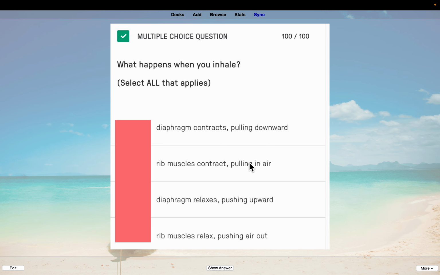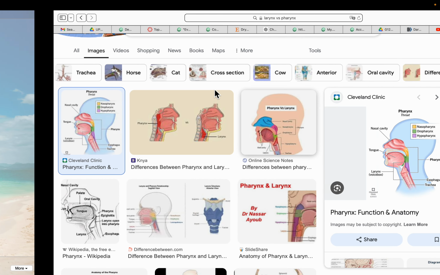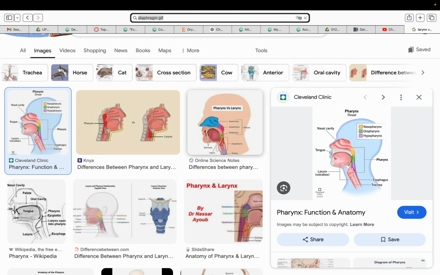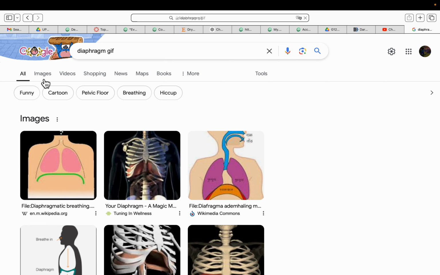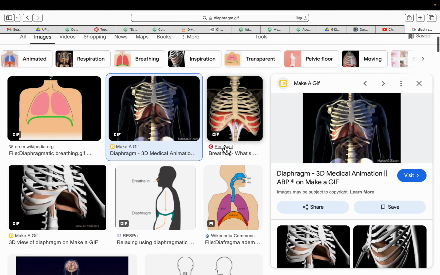So pulling in air, we just want to know what happens in the diaphragm. Does it pull downward or upward? I think it's AB. There you go. Let's see if we could visualize that.